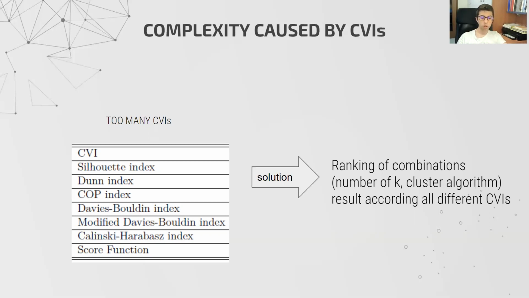I have to choose the right number of k, and so the right number of clusters that I have to evaluate. So I have different parameters, and I have one data set. So I have to test this data set with all these parameters.